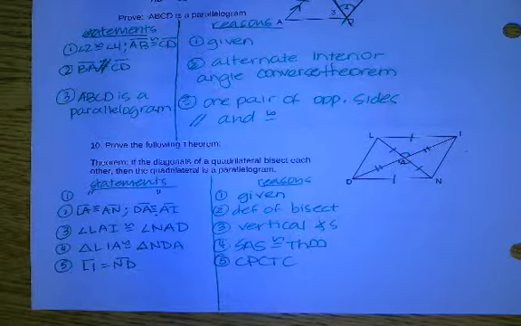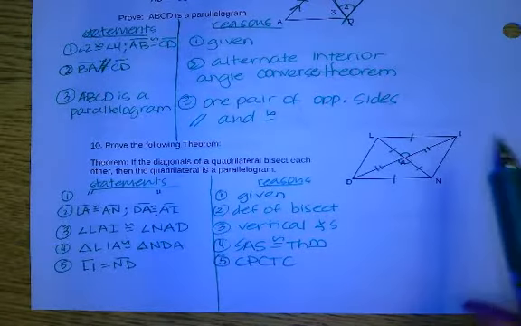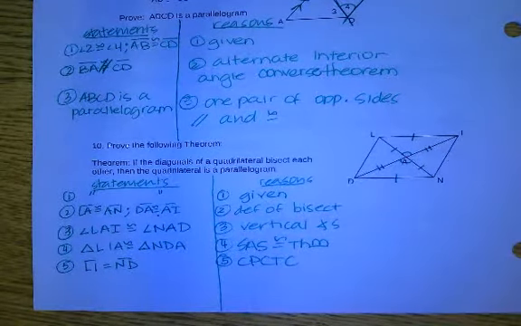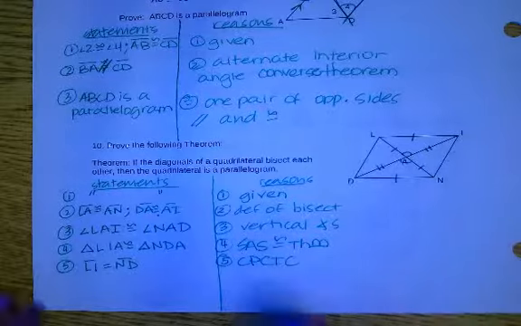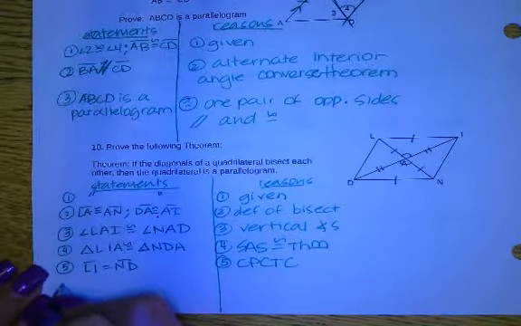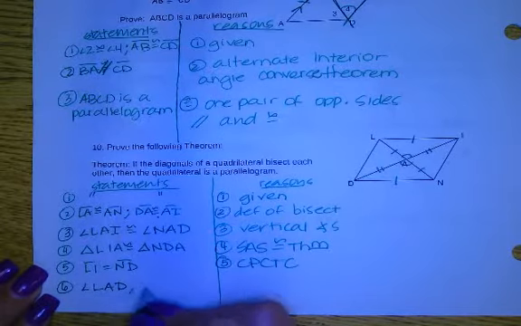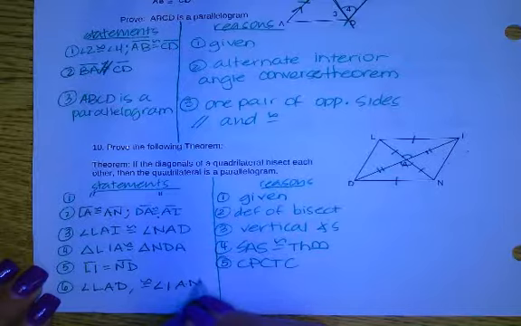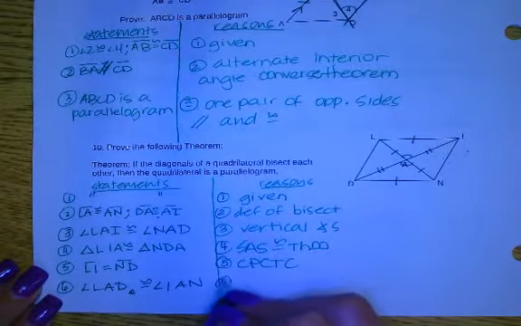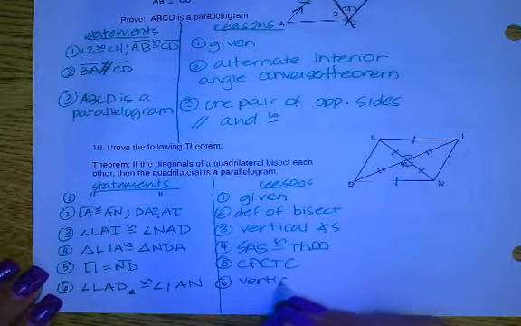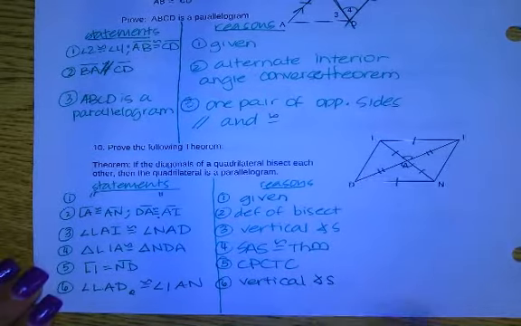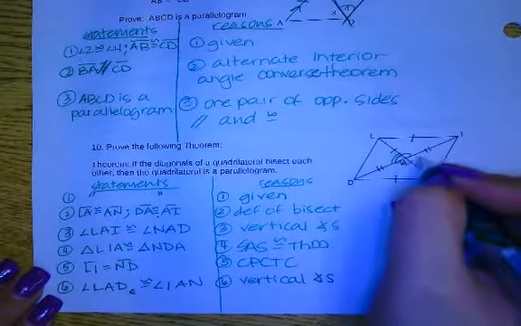Okay, and the same thing in the other two triangles, but where are you going to get your angle in your other two triangles? That's LAD. And that would be because of vertical angles. Which makes which triangles congruent? LAD and IA.